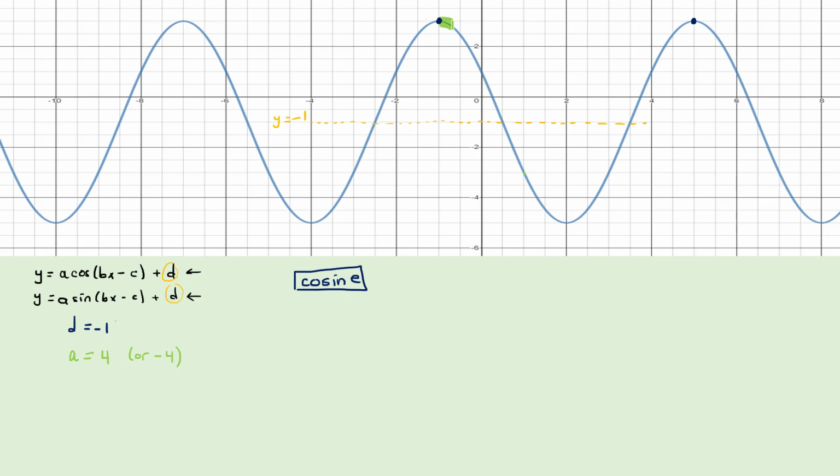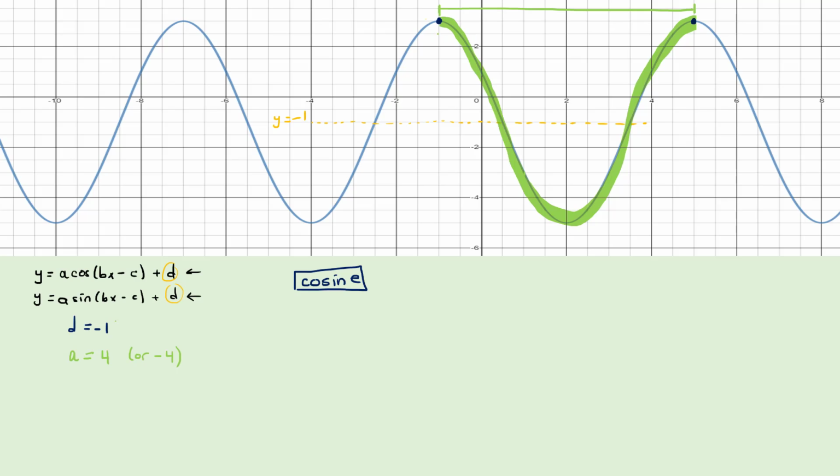So we are thinking about this portion of the graph. How wide is that portion? It goes from here to here.